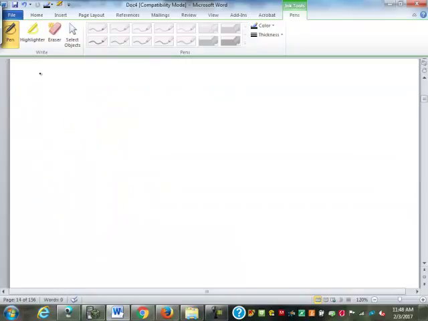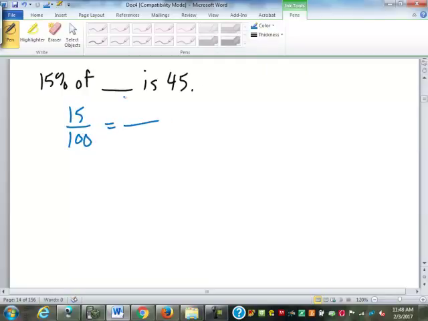We might have 15% of blank is 45. So same thing, we're going to start out with a percent. 15% is 15 out of 100. Now we have the missing number and we have the 45 of blank.